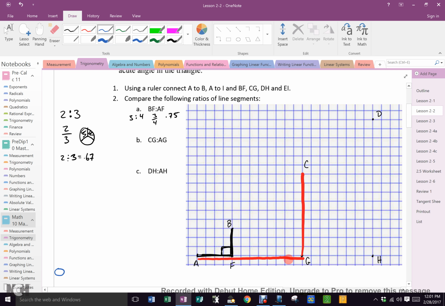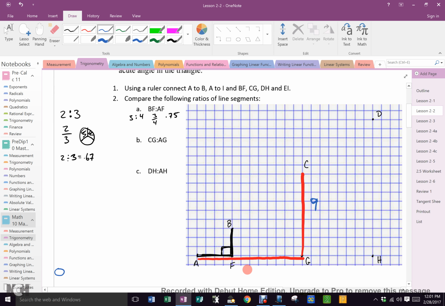How far is C to G? One, 2, 3, 4, 5, 6, 7, 8, 9. Is it only 8 on yours? It's only 8? That's a mistake. Please slide it up one more. It's supposed to be 9. Yeah, it should be 9.